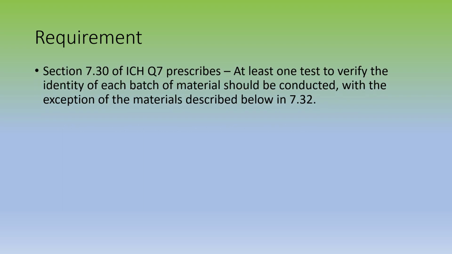Section 7.30 of ICH-Q7 prescribes at least one test to verify the identity of each batch of material should be conducted with the exception of the materials described below in 7.32. This section allows to carry out only an identity test for the input materials except for the condition prescribed under section 7.32.